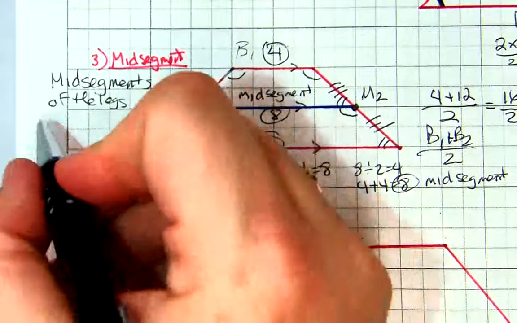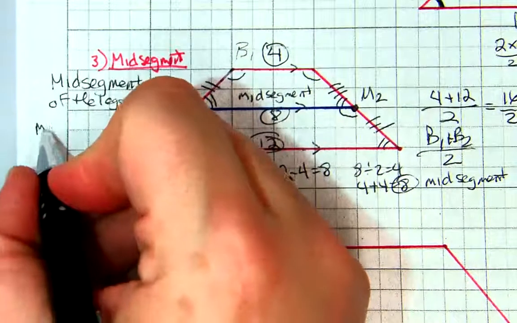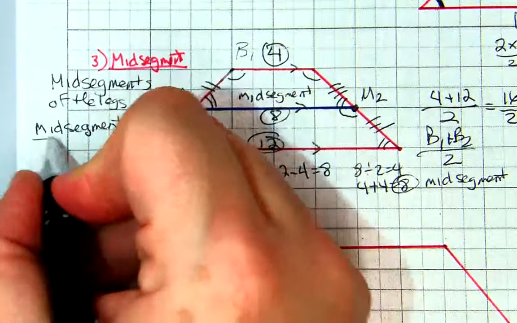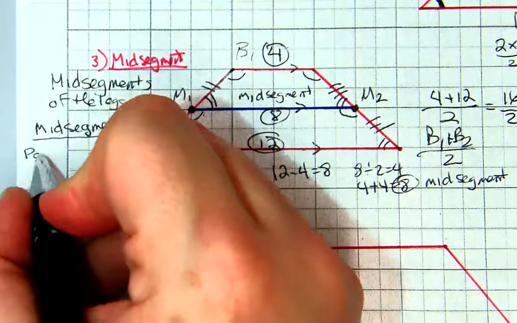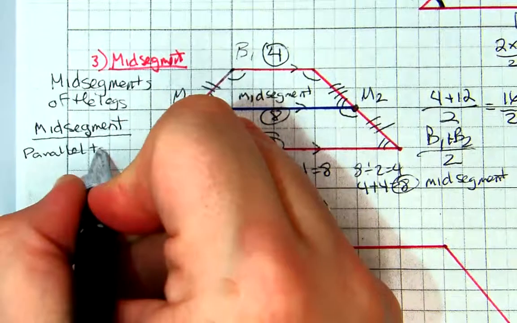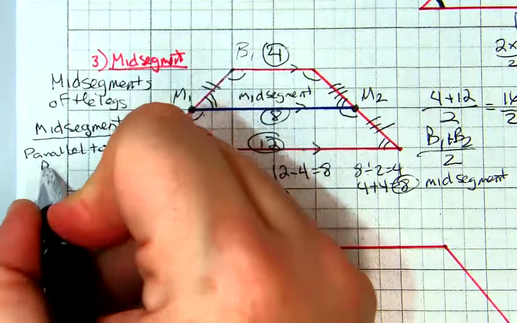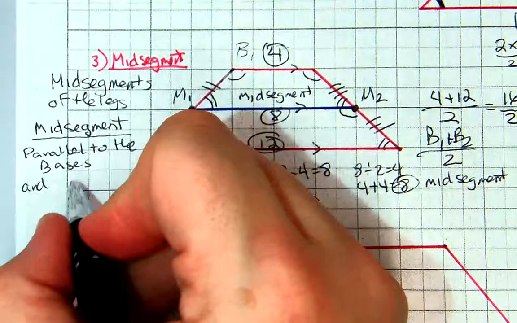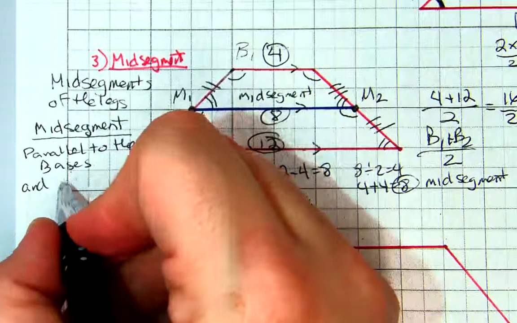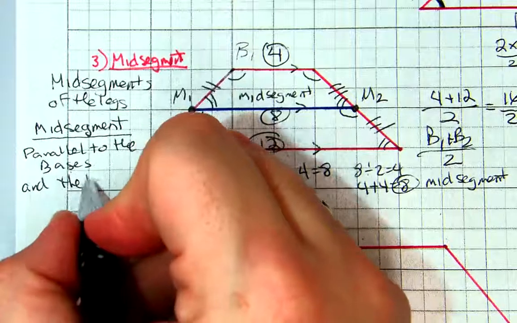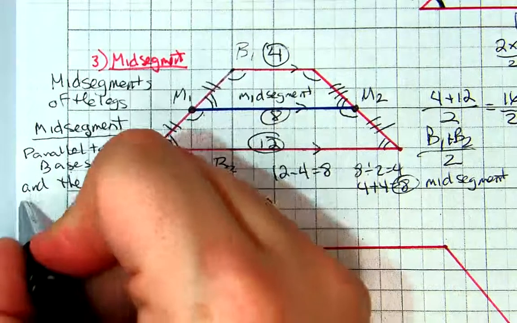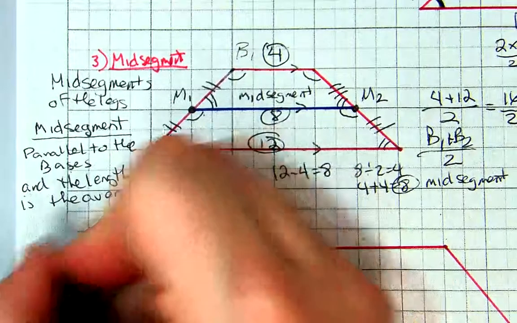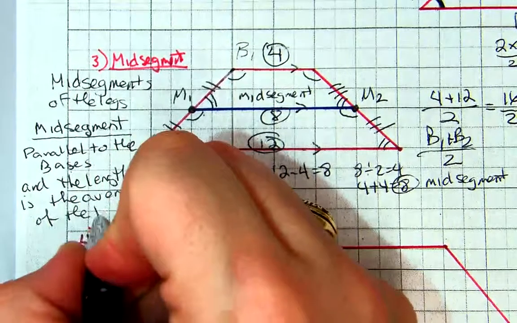So to sum everything up, for the midsegment, it's parallel to the bases, and the length is the average of the bases.